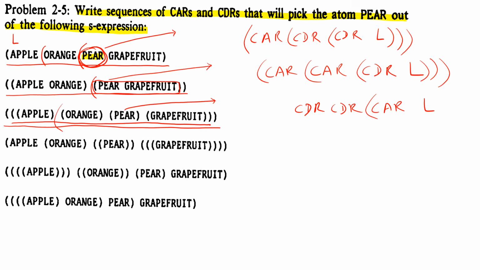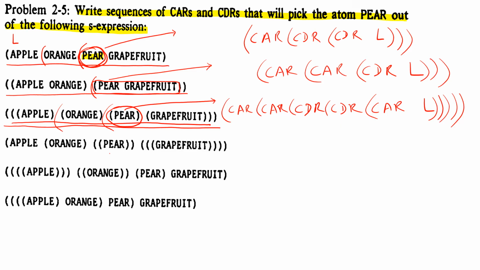Then a CDR on that will give us this list. Then a CAR on that will give us a list which contains pear, right? And finally, we take a CAR on that. So that will give us the pear.